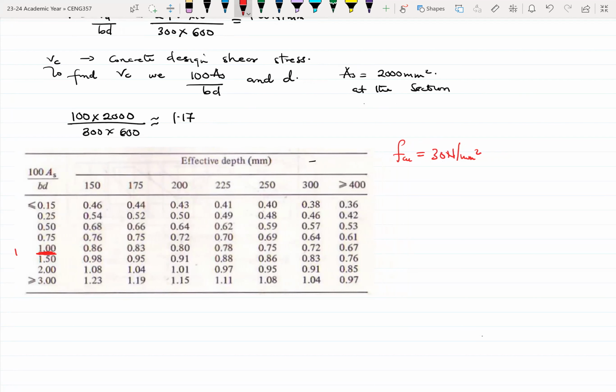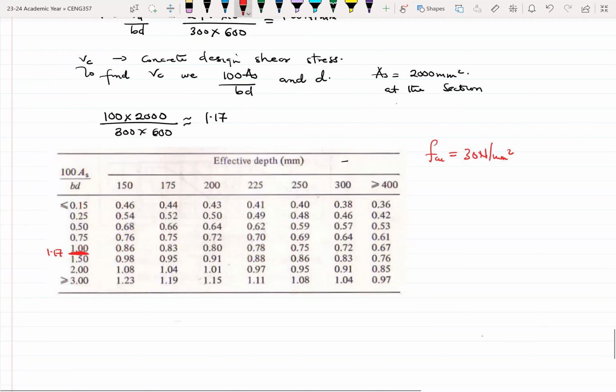So it means that we need to take into consideration these two numbers. Our effective depth D is more than 600. So because it's more than that, we choose the 400. So it's more than 400.